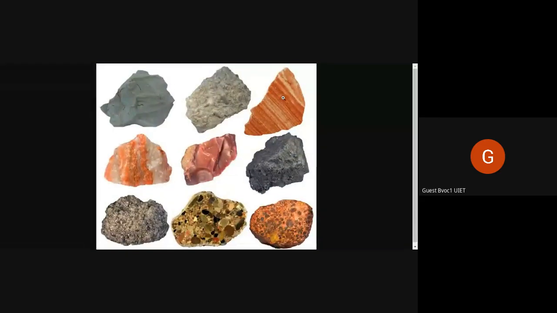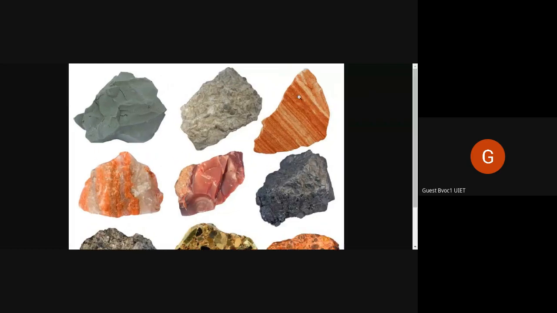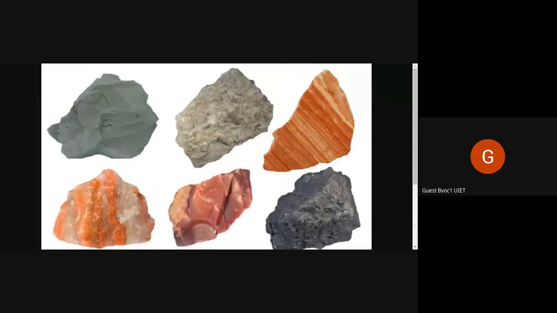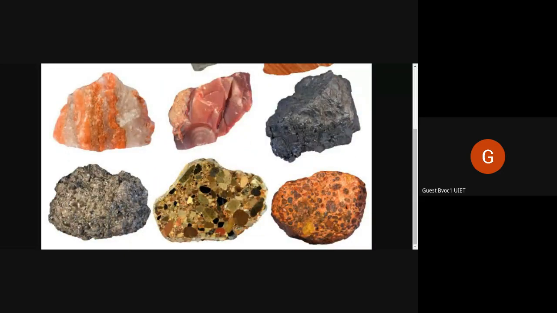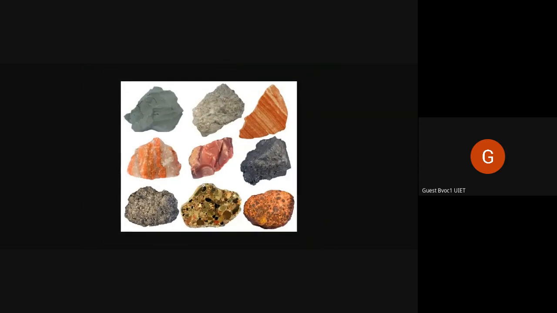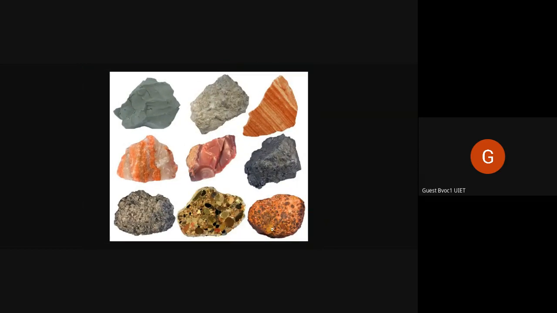See, you see these layers, these lines. These are the layers showing how the sediment solidified over the years, and in this you can see sea glass, so this was probably formed under the sea or on a riverbed. So this is a characteristic: you'll find irregularities or impurities within these rocks.